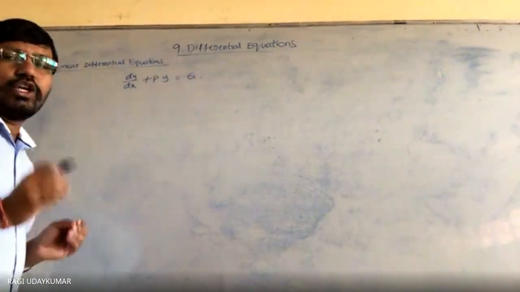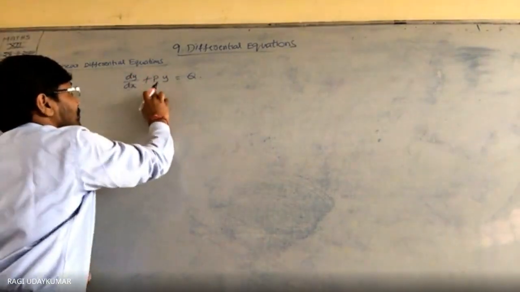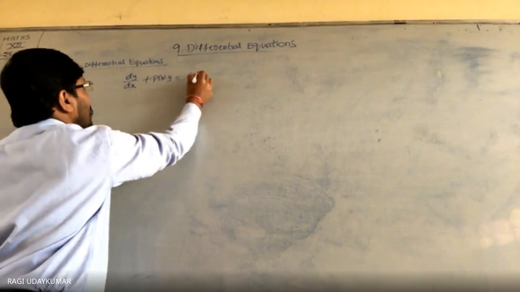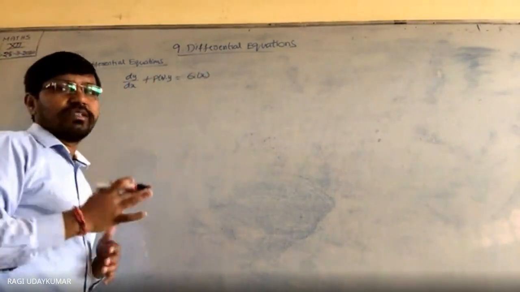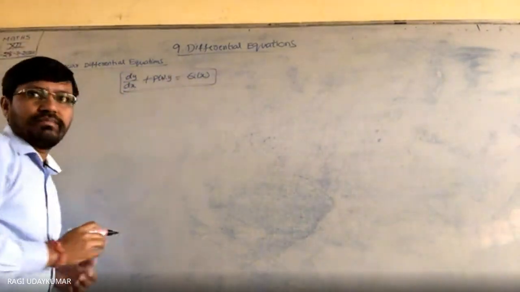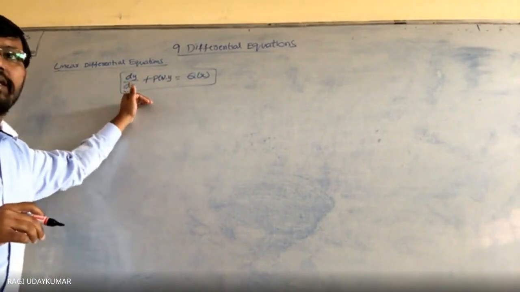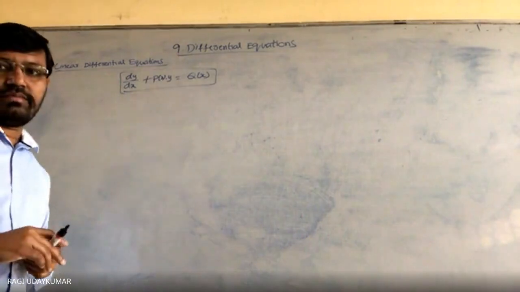Here p and q can be functions of x, because clearly p(x) can be a constant also. So any differential equation of this form is called a linear differential equation.